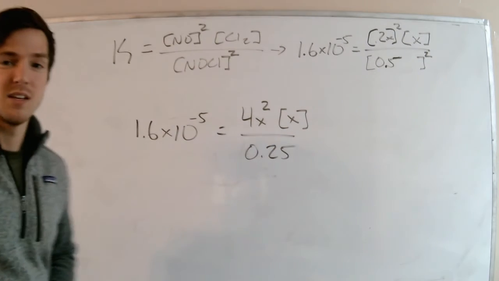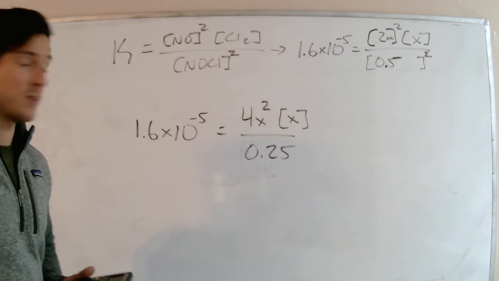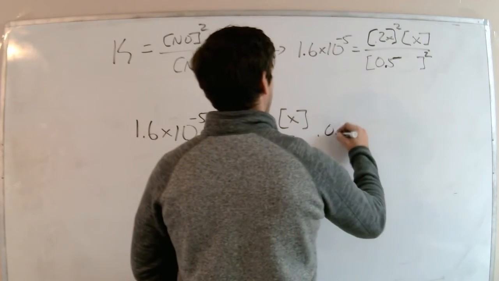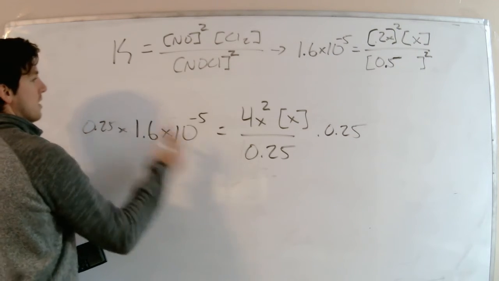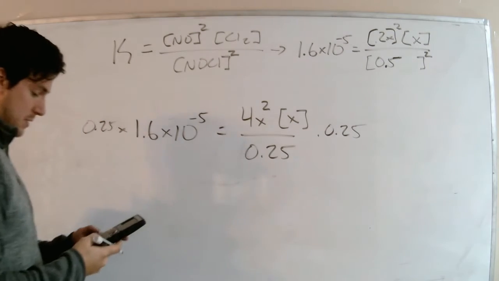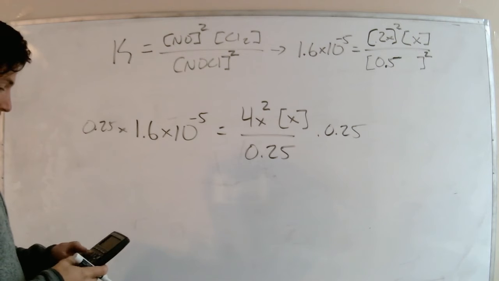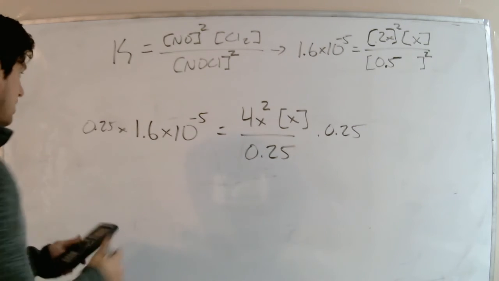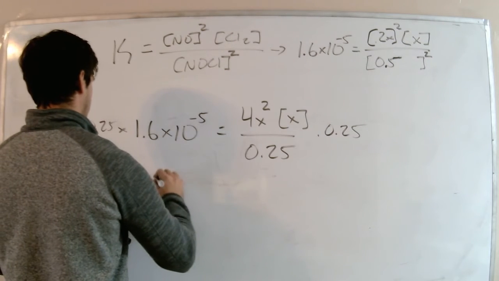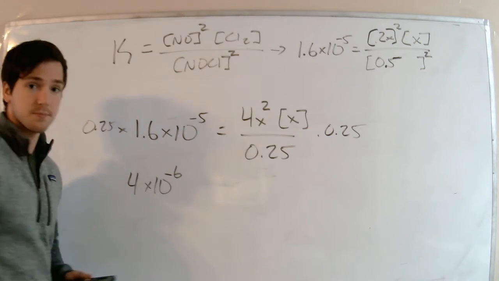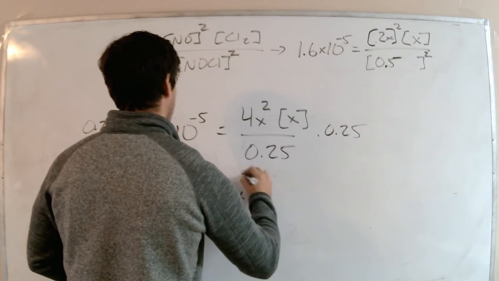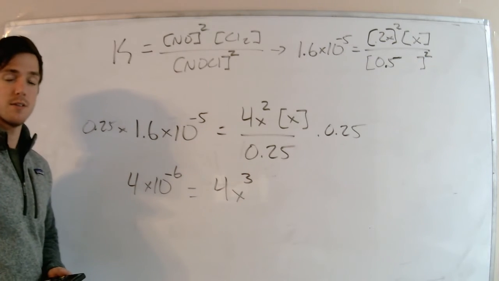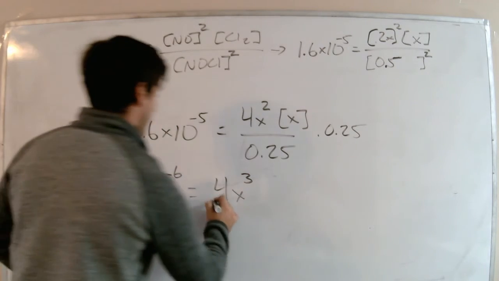Alright, let's go ahead and get everything on one side. I could do 0.25 on both sides. I could combine these terms as well. So I should get 4 times 10 to the negative sixth. And then this should become 4x to the third. Alright, divide by 4.